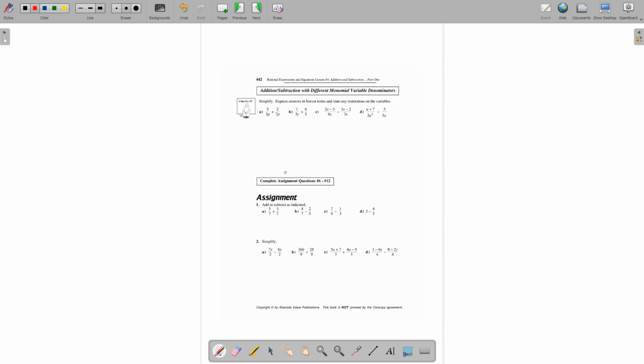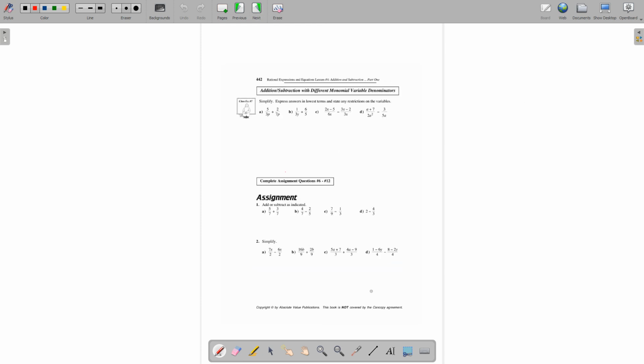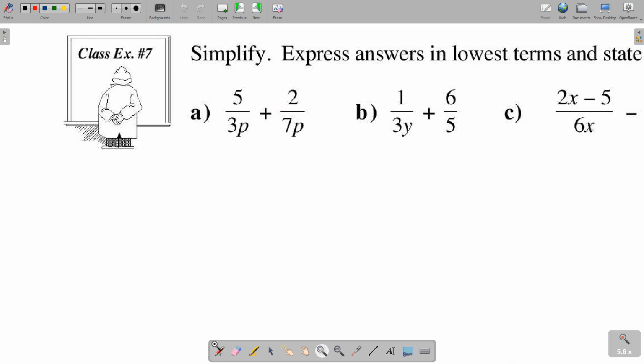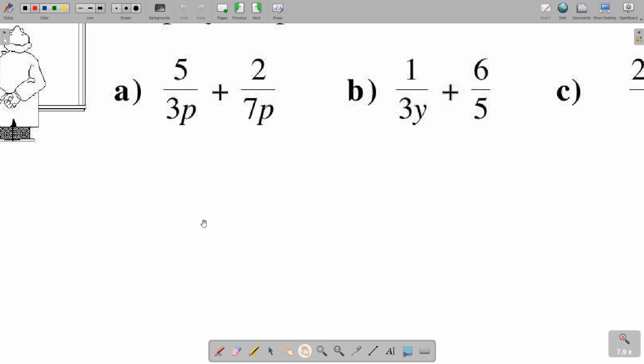Yep. Adding and subtracting different monomial denominators. Okay. So, last set of examples to try in which we're going to add different monomials, just monomials today, so that we can make simplified expressions.